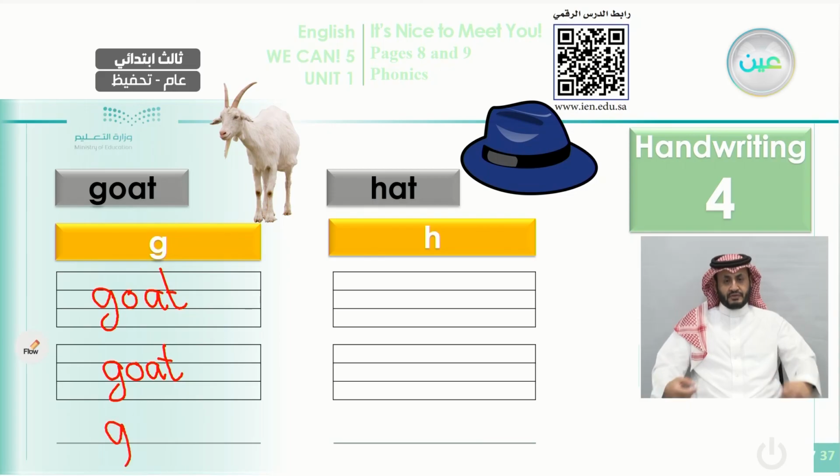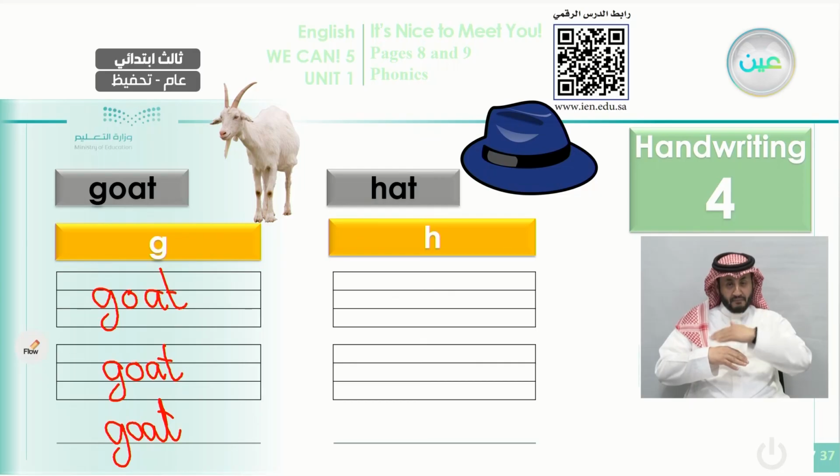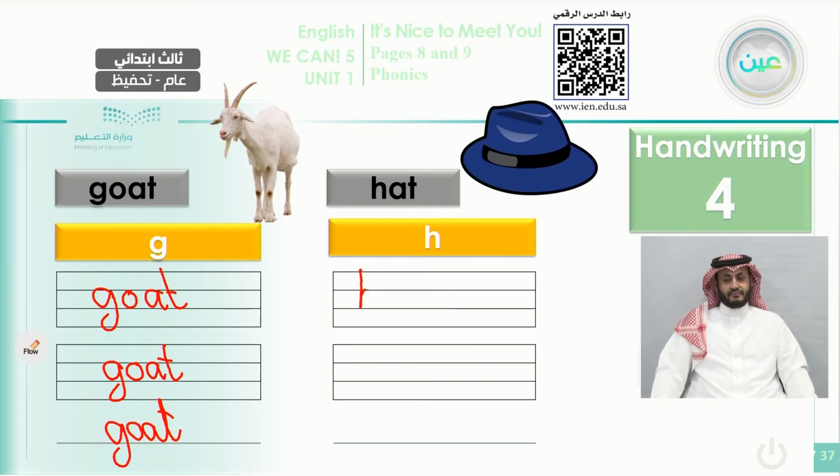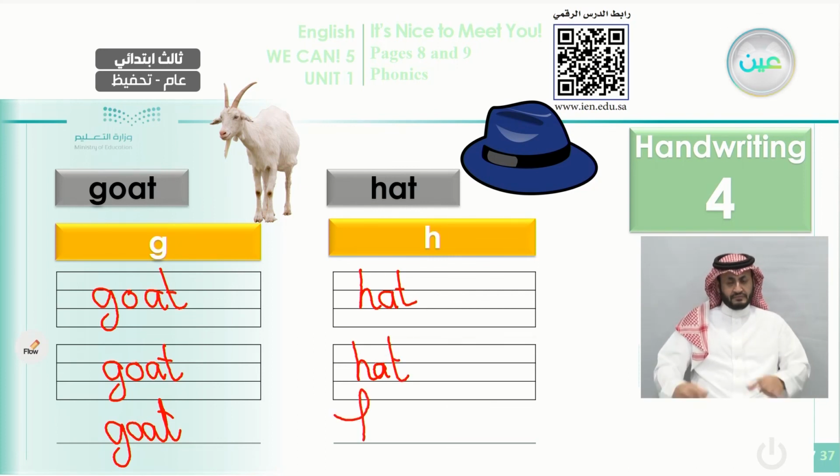And if you write it in one line, you can do that like this, goat. Okay? Also, if you want to write hat, you can do like this. So you do like this, hat, and you write hat here also, hat. If you want to write it in cursive, you can do that like this. This is how we write hat.